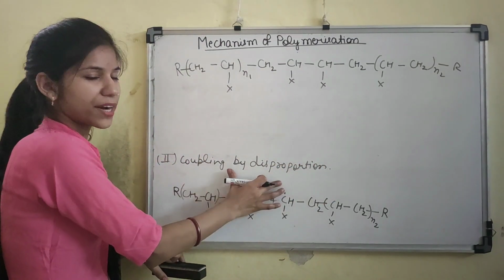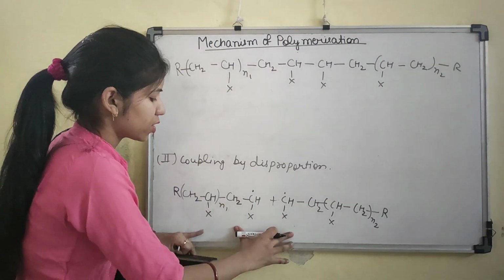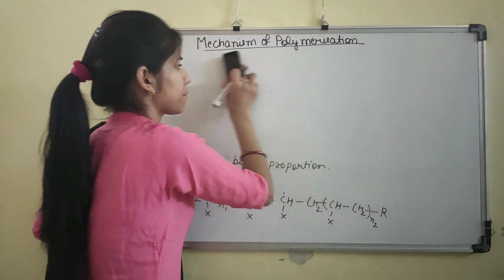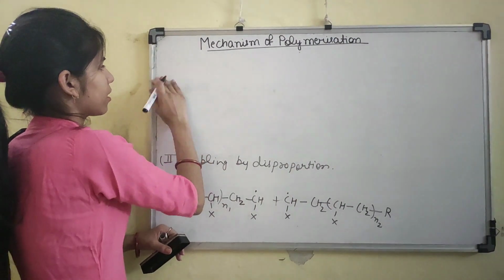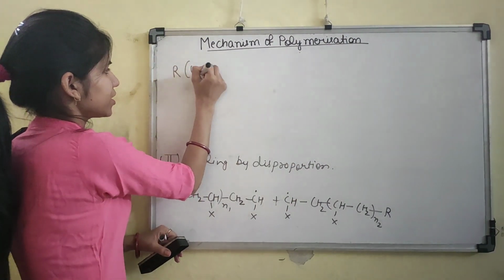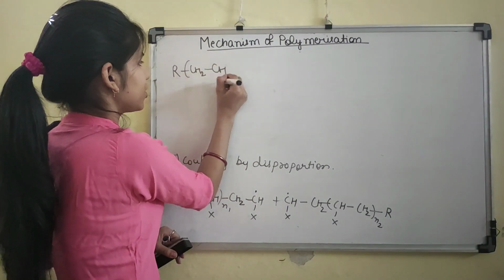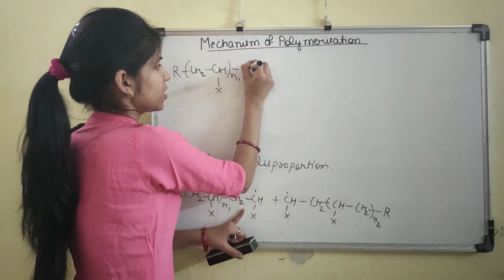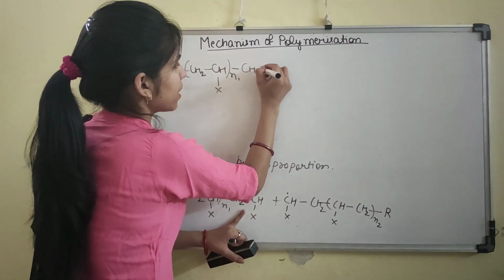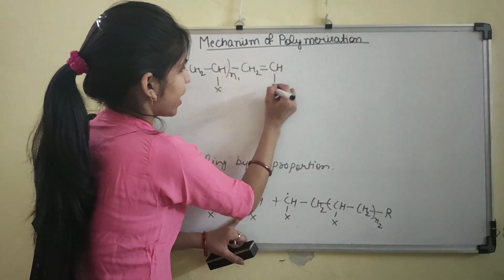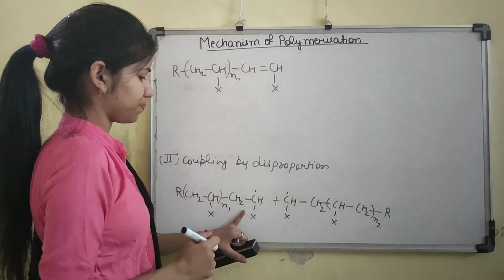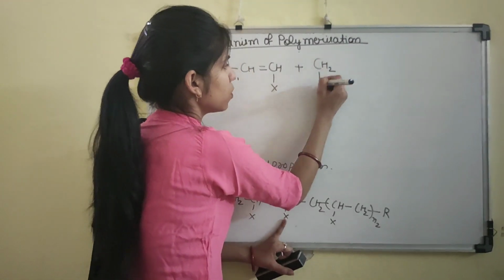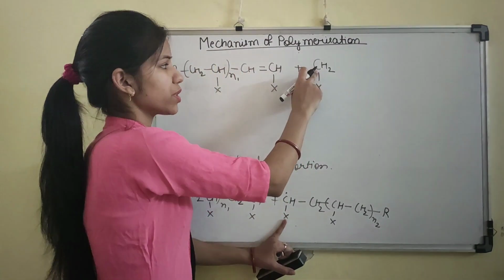If there is coupling by disproportion in these two molecules, they form R CH2 CHX N1 times, there is a CH2 double bond CHX, and there is a CH, and they form CH2X, and this H goes there.